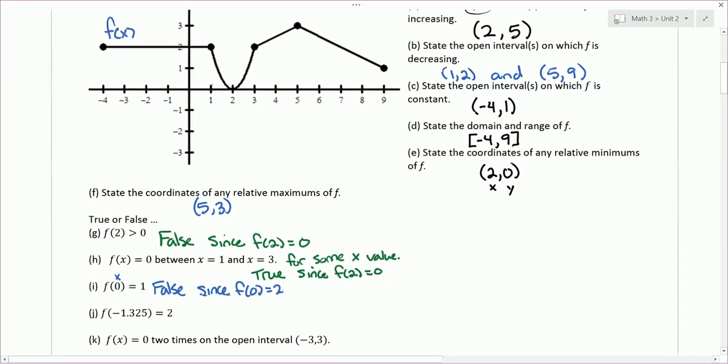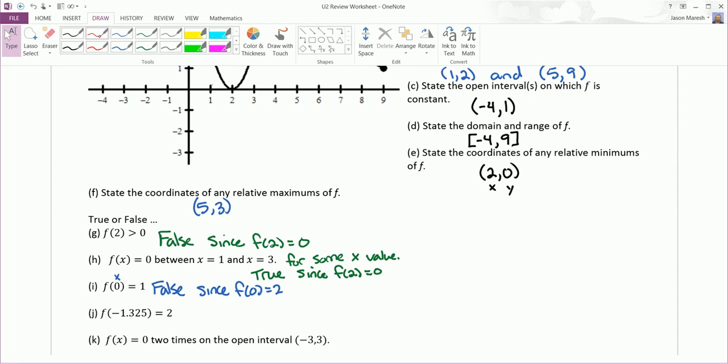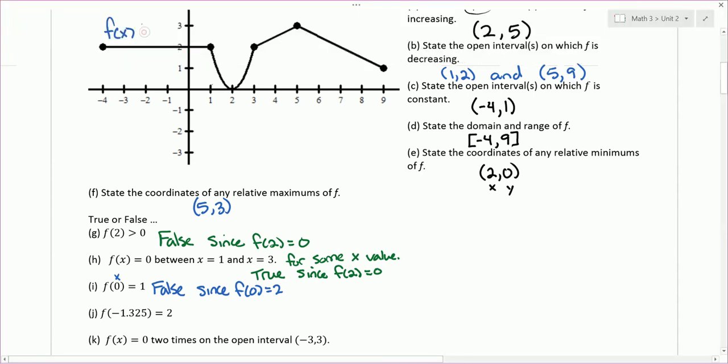Next one, f of negative 1.325 equals 2. Now that seems like a little silly statement, but that value is on the x-axis. They're saying if you plug in that value for x, you'll get 2 for y. So where is negative 1.325 roughly on the x-axis? Somewhere between negative 1 and negative 2. Let's say it's about right there.